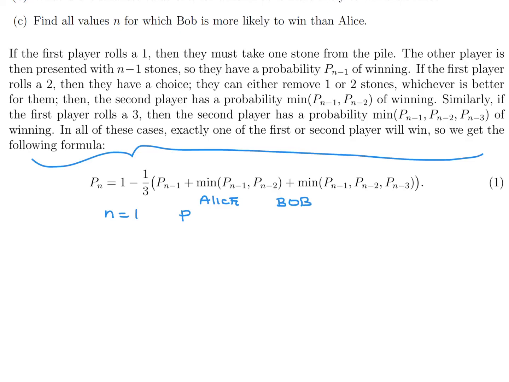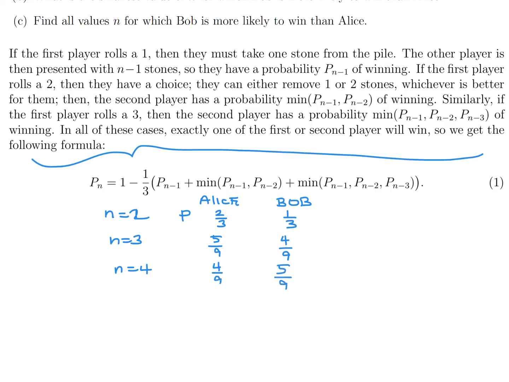So the probability for her was 2/3, and this would have been 1/3, and that was for n equals 2, I believe. When n equals 3, the probability was 5 over 9, and Bob was 4 over 9. N equals 4, we got 4 over 9 and 5 over 9.